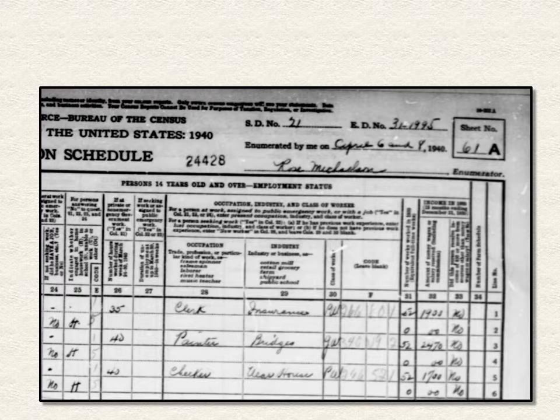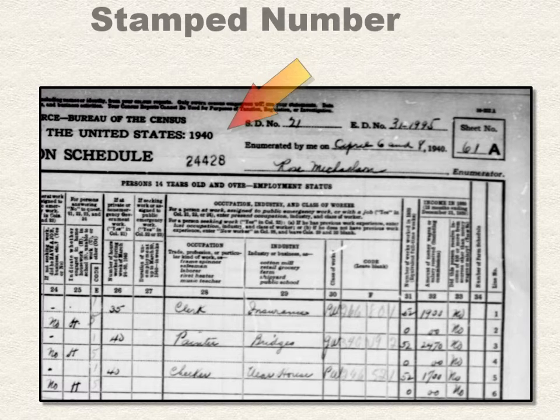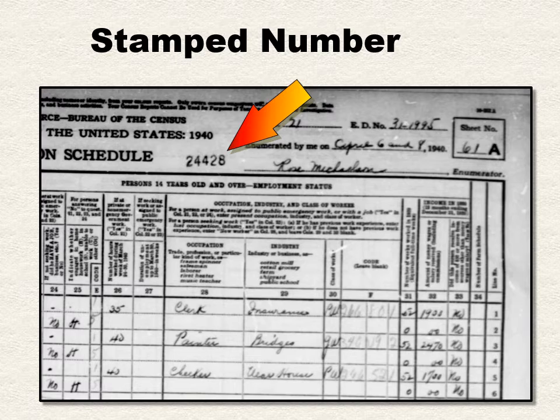If you look, you'll see that there's a stamped number, 24,428, and only the A sheets are stamped. I mean, it would save them time not to turn over the sheet in addition to their stamping. So 24429 is the next sheet, which starts at 62A.